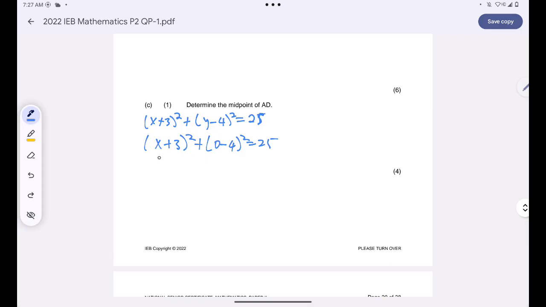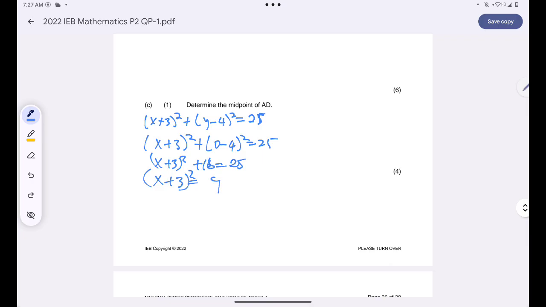I will simply have (x plus 3) all squared plus 16. So (x plus 3) all squared is equal to 9, because 25 minus 16 is 9.